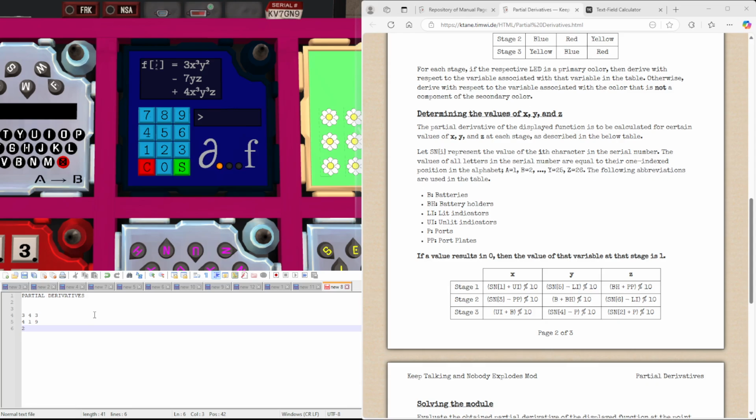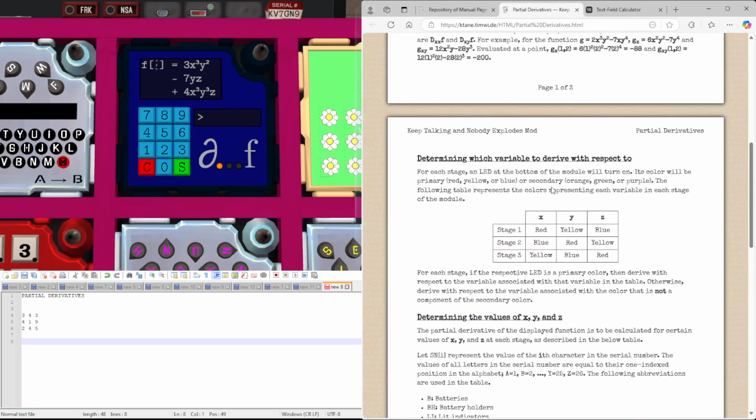So number 4 is 7 minus ports is 4. 7 goes to 4. And then serial number 2, 22. 22 plus 3 is 25. 5, I think.